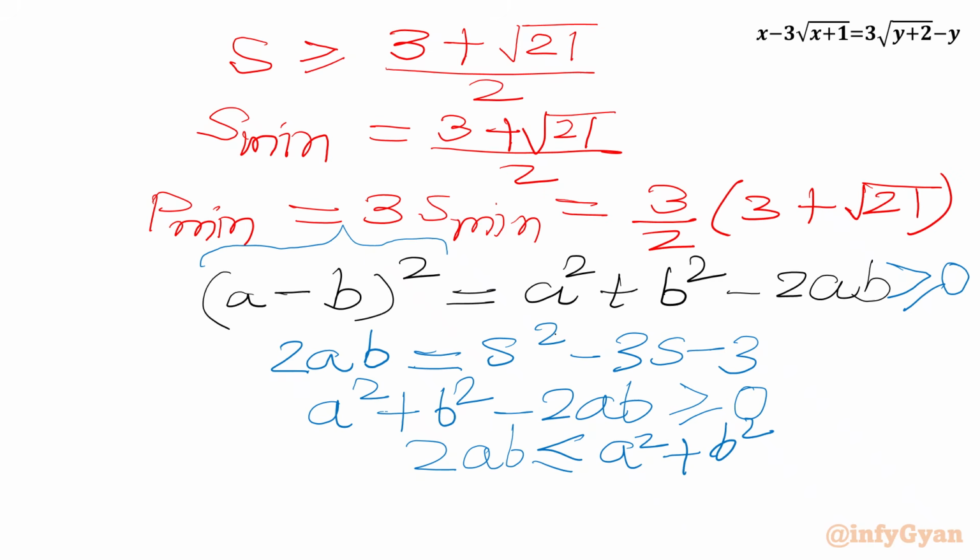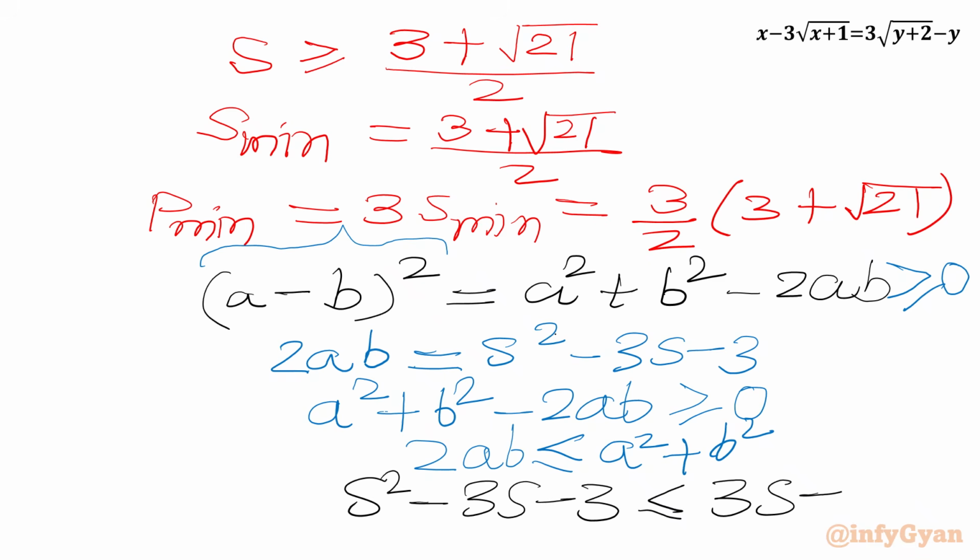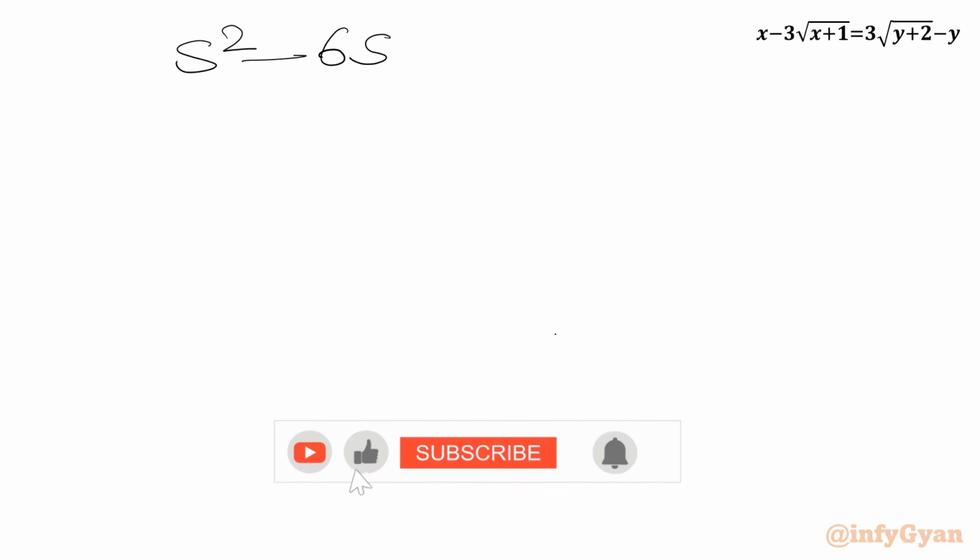Now we have 2ab, it is S square minus 3S minus 3, which should be less than or equal to 3S plus 3 as per equation 1. Now we will write all the terms to LHS. I will get s square minus 6s minus 6 should be less than or equal to 0.